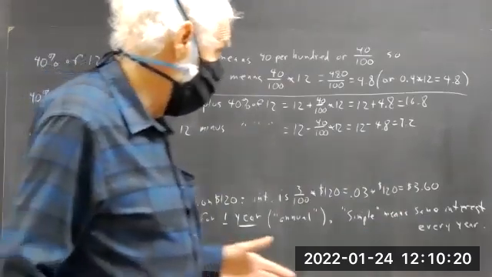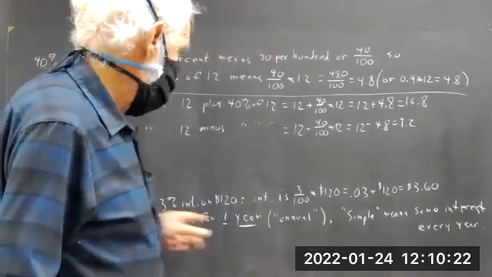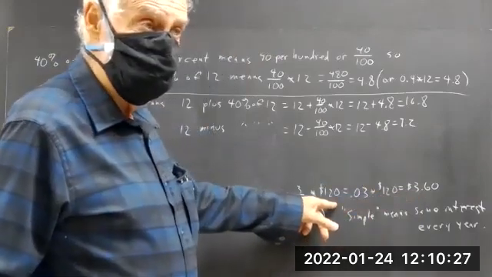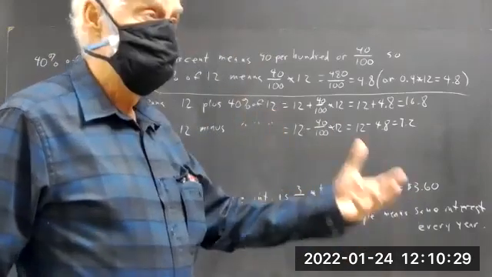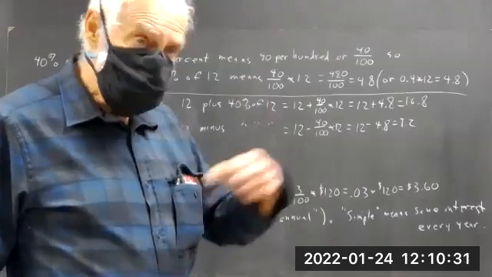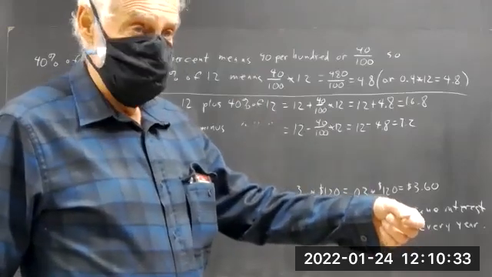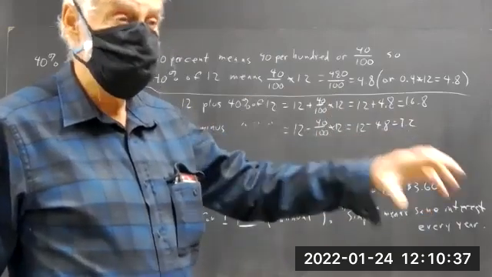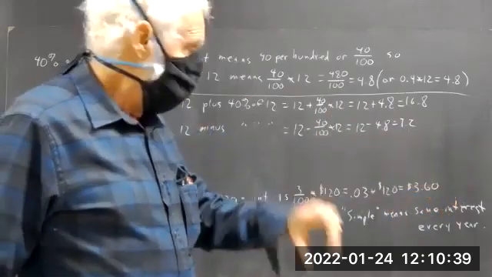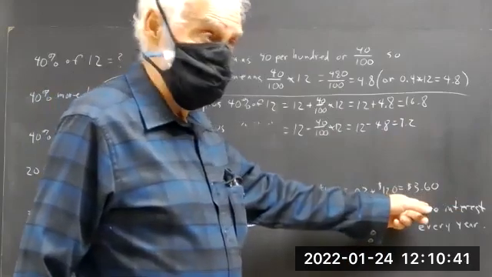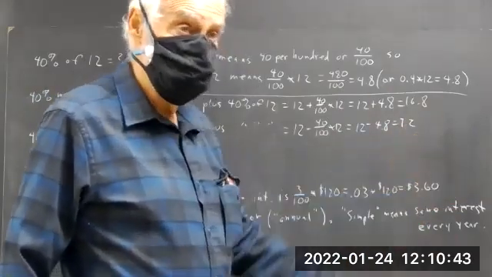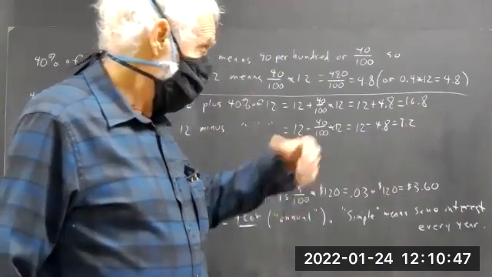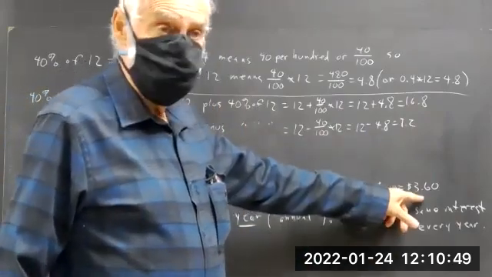So compound interest means, okay, you add $3.60 to $120, that gives you $123.60. The next year, you compound the interest, meaning you do 3% of that $123.60, which means you pay a little more interest. Just a few cents more, but you pay a little more, okay? And then now you have a little more than you would if you just paid $3.60.